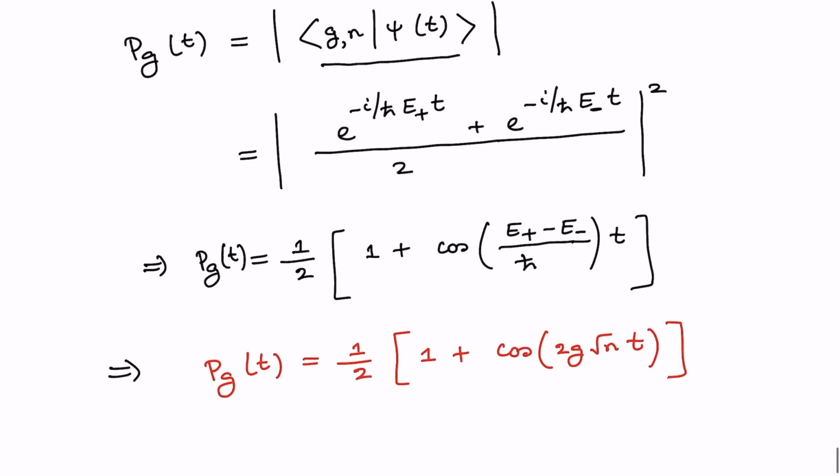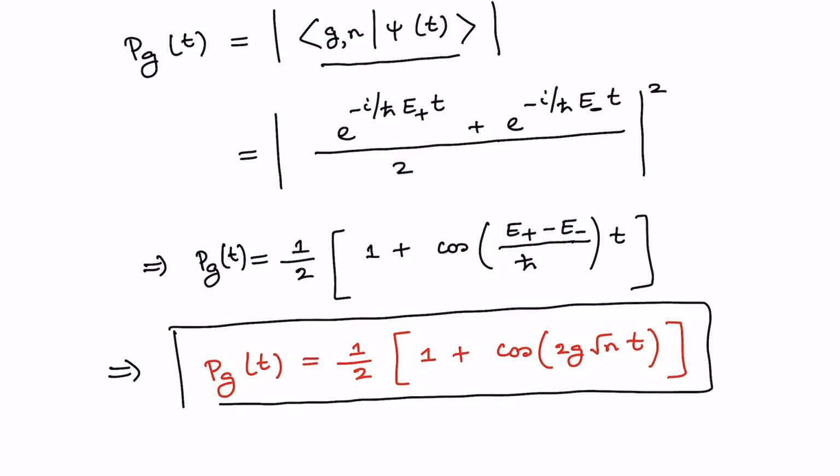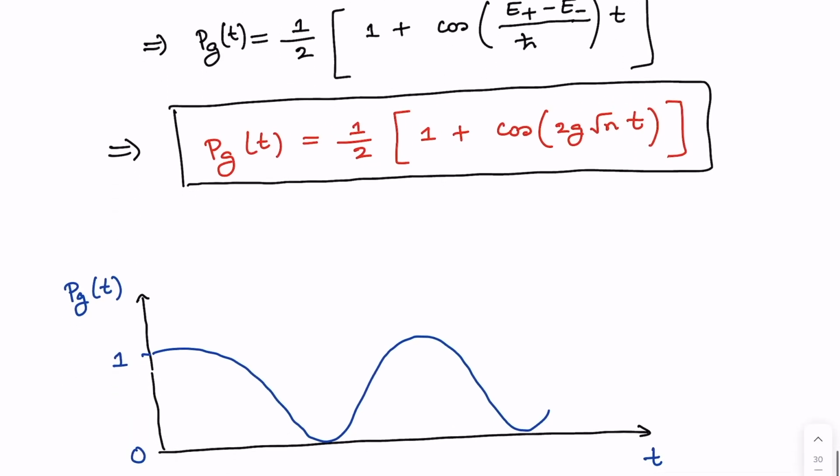It should remind you of the ground state probability that you got for the classical field case, when we considered the field as a classical field and the atom as quantized. In the semi-classical case also we discussed this, and it gives rise to the so-called Rabi oscillation.